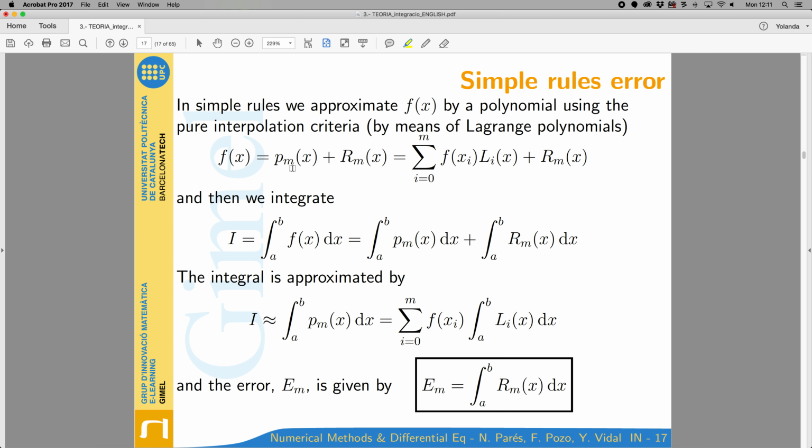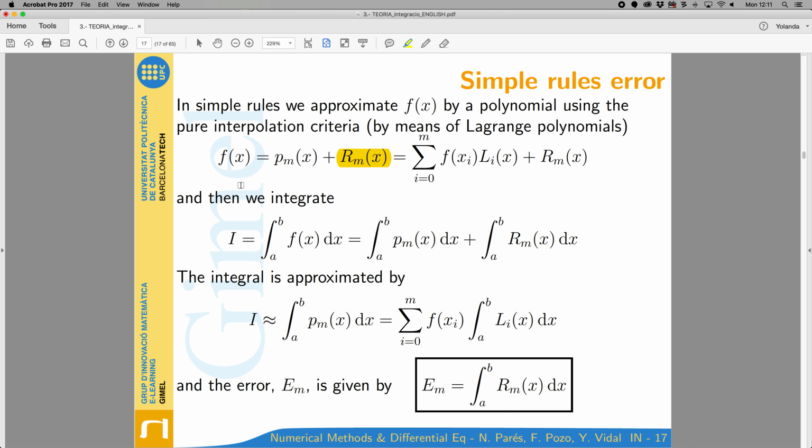So there is an error when fitting the function with the pure interpolating polynomial, and this error is known to us: it's the Lagrange remainder.